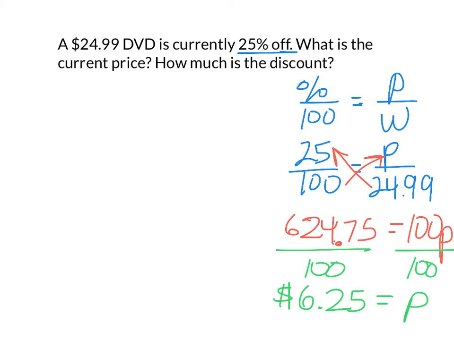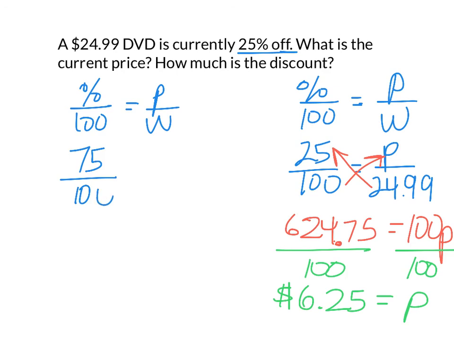That's how much money I'm not paying. To find out how much I am paying, of course, you can just subtract that from $24.99. But a better way to check, and a better way to get practice, is again to put percent over 100 equals part over whole. The part we're looking for is the part that we are paying. So I am going to put 75 over 100 because that's the percent that I'm paying. Again, I'm looking for the part over $24.99.